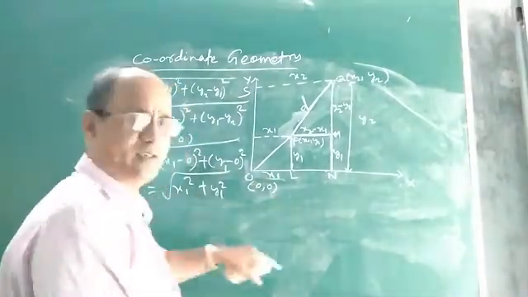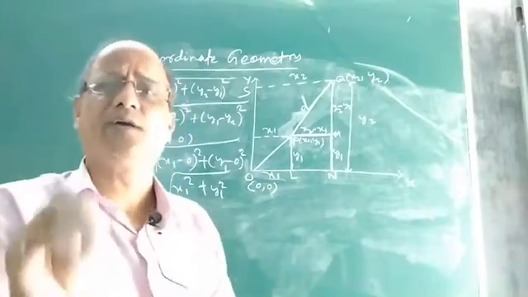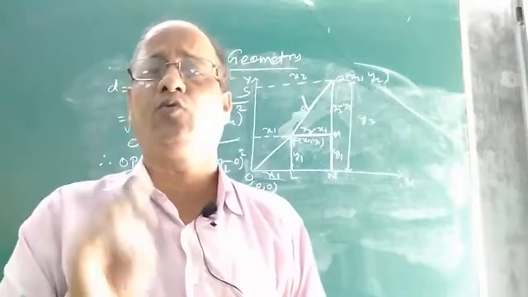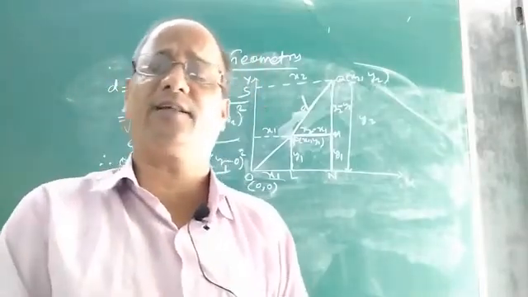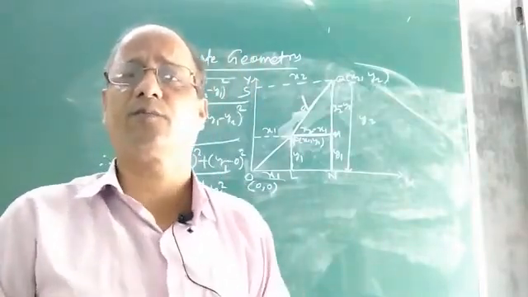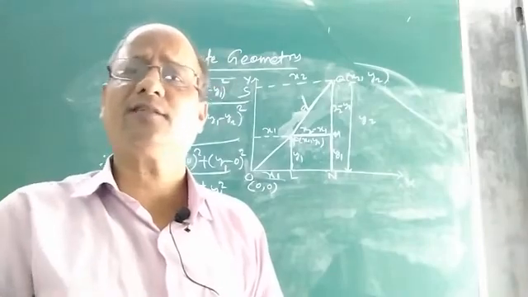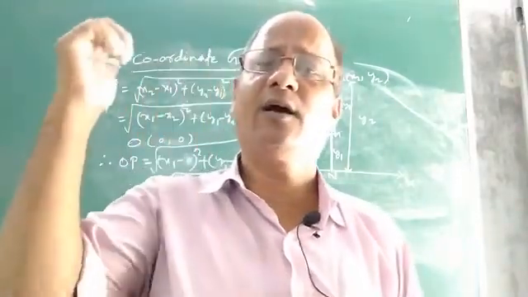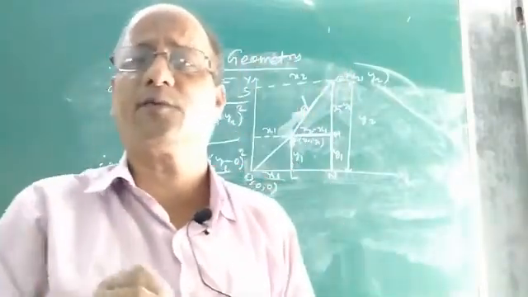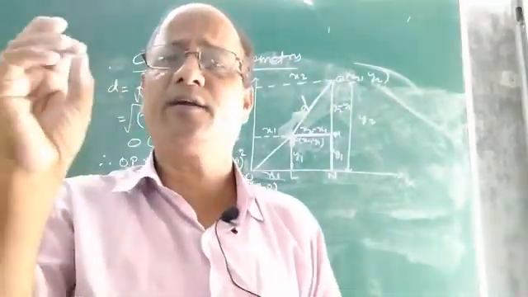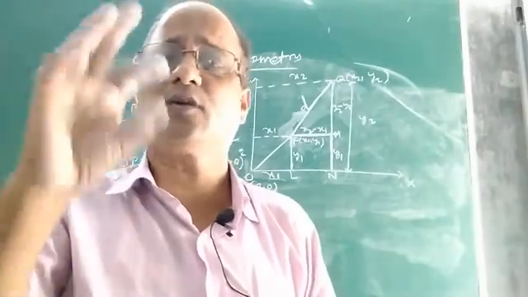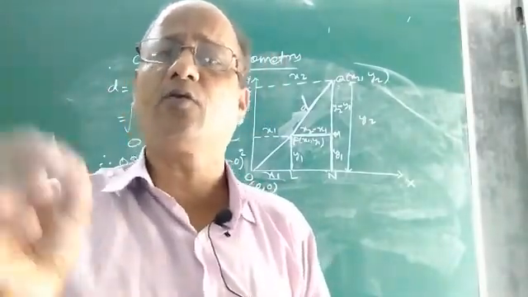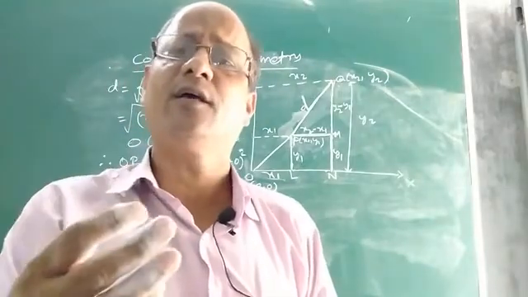So children, this is all about the distance formula. I hope you understood what the distance formula is and how to find the distance between two points whose coordinates are given in the Cartesian plane. In the next class we will discuss more about coordinate geometry. I gave an introduction to coordinate geometry, recalled what we read in class 8 and 9, then discussed the distance formula.